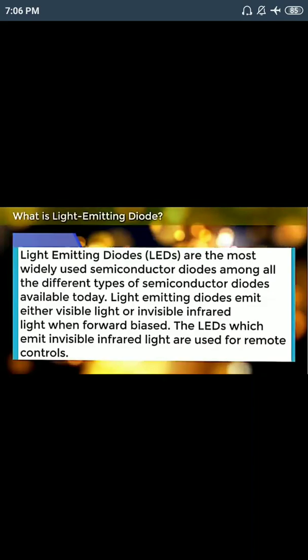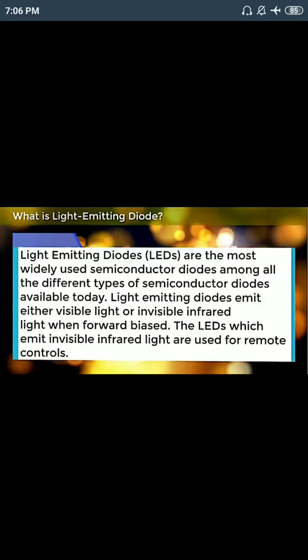Light emitting diodes emit visible light as well as invisible infrared light when they are forward biased. This is the main condition. An LED always works in a forward bias condition. It does not work in a reverse bias condition. The LEDs which emit invisible infrared light are used in remote controls.